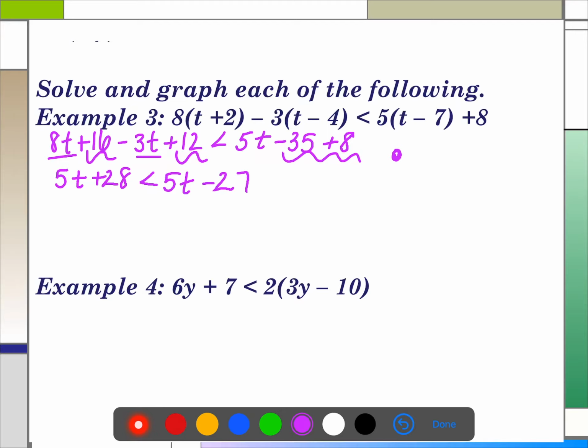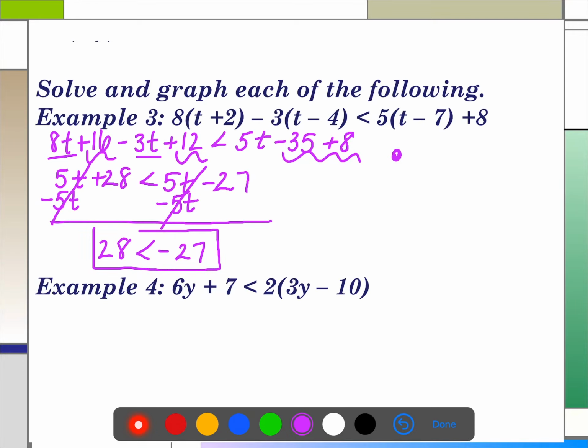I would want to bring the smaller variable to the larger one. Since they're the same, doesn't matter. So I'm going to move this guy from the left. And my variables are canceling out. So I get 28 is less than -27.